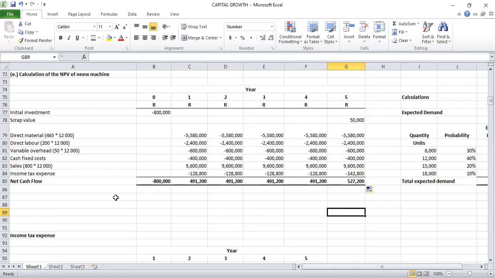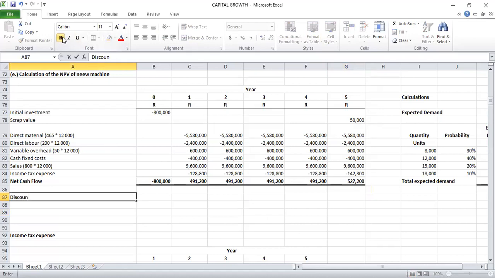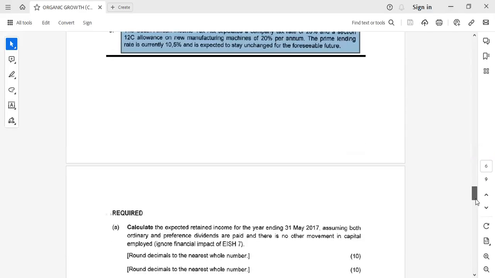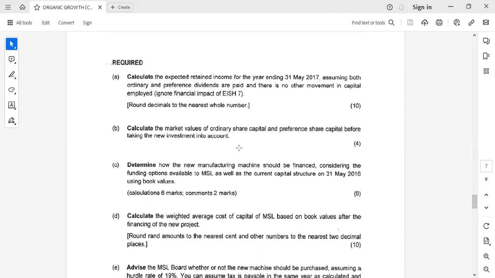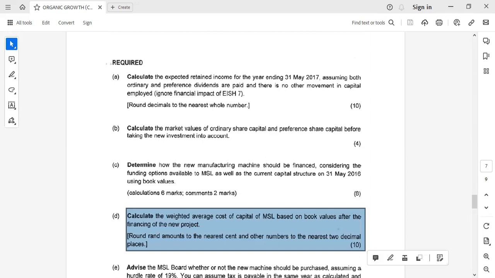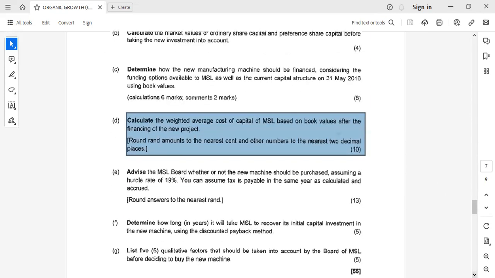So we've been given the discount rate. But otherwise, you know that in most of your exams, they would first ask you to calculate the weighted average cost of capital. Your answer to this part should have been a percentage, but in this case, you were not going to use it.